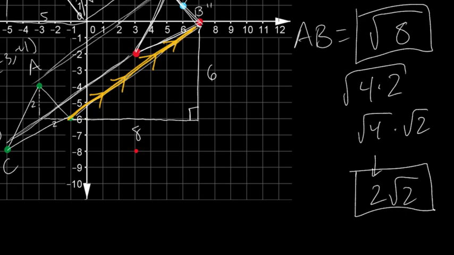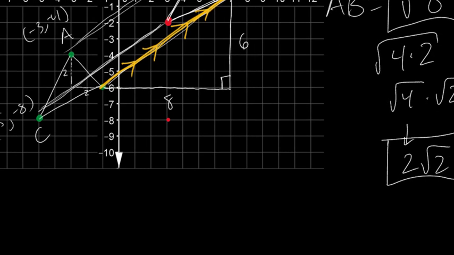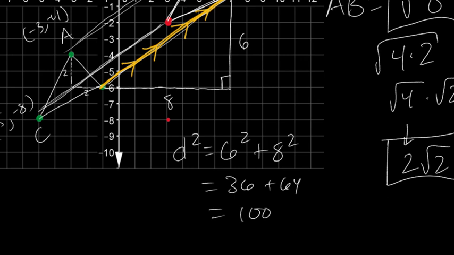And that's just an application of the Pythagorean theorem. So I can say that that distance squared is equal to 6 squared plus 8 squared, which looks like 36 plus 64, which looks like 100. So d squared is 100. That means d is the principal root of that.